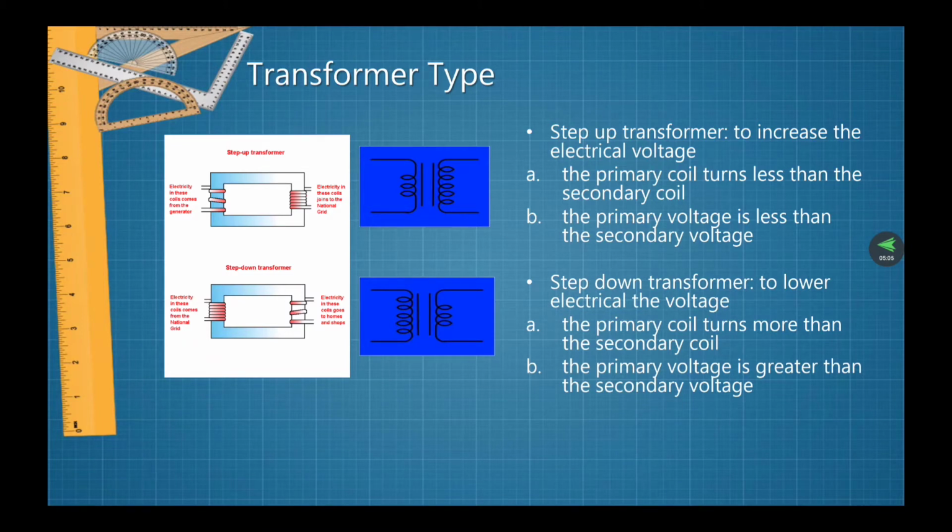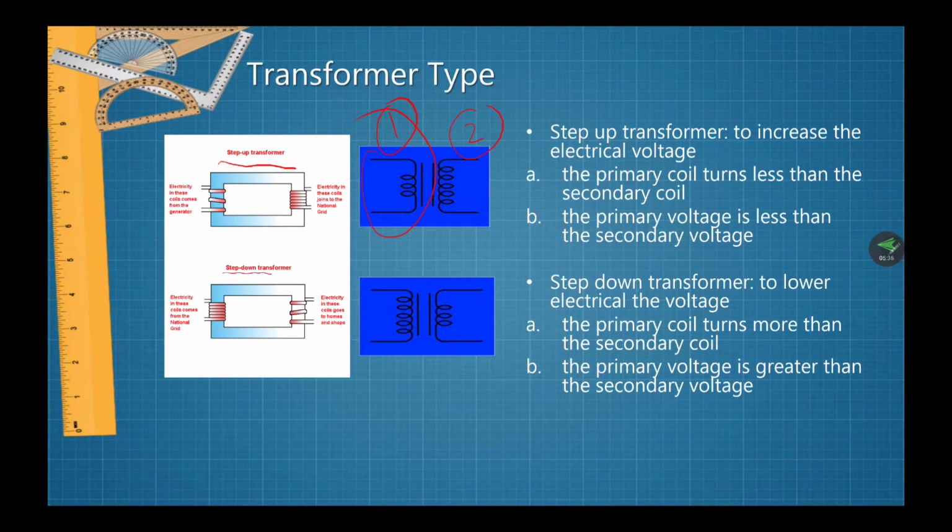First is the step-up transformer. The step-up transformer is used to increase the electrical voltage. The primary coil has fewer turns than the secondary coil, and the primary voltage is less than the secondary voltage.